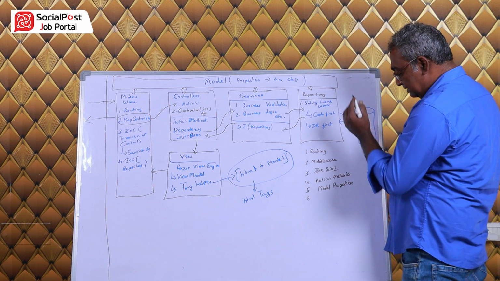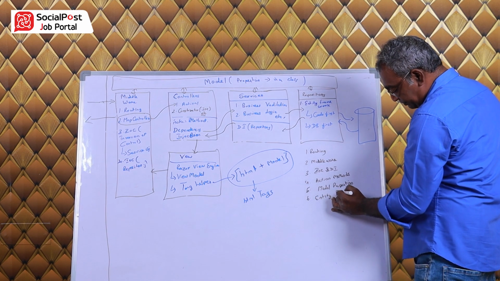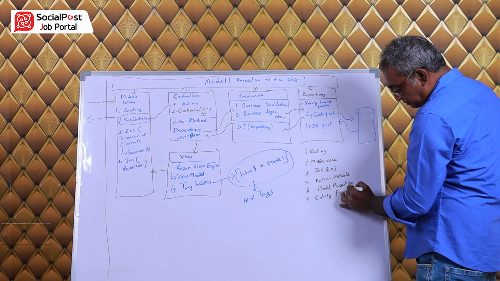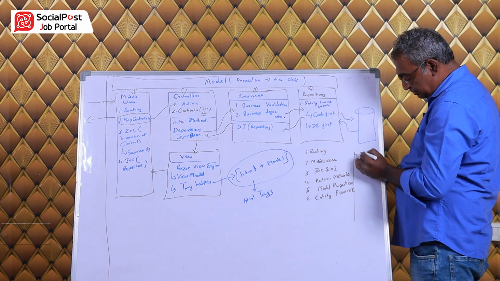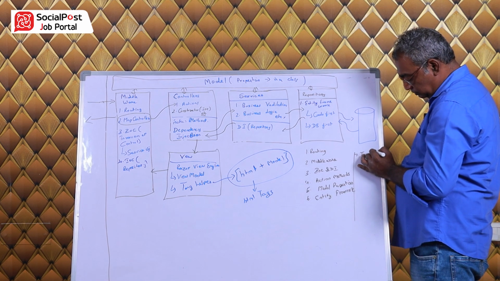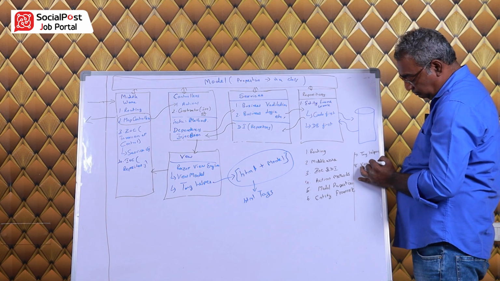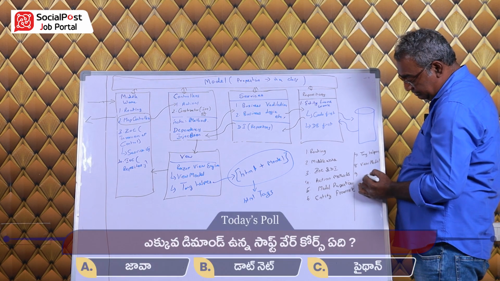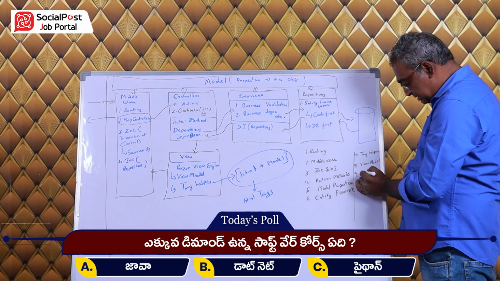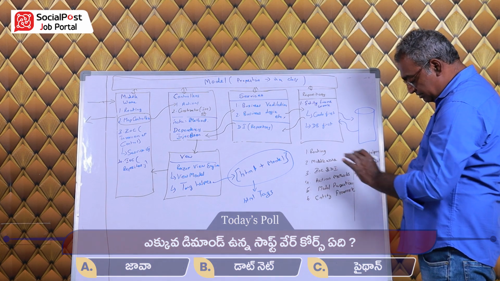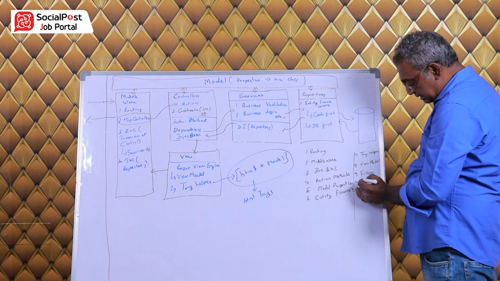Sixth topic, Entity Framework. Seventh topic, tag helper. Eighth topic, view model. Ninth topic, dependency IOC are there. Filters, I will teach. Filters is not important here, I will tell.